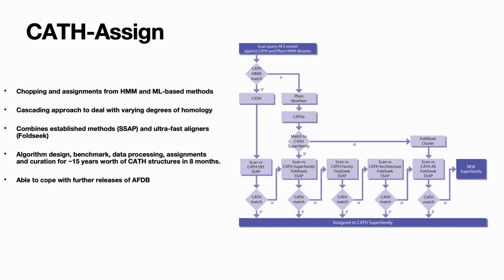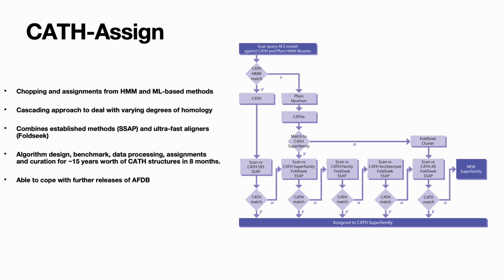We combine established methods such as SAP, which is our internal structural aligner, and new ultrafast aligners such as Foldseek. This has been quite the ride, because we were able to go from algorithm design, benchmarking, data processing, assignments, and curation for around 15 years' worth of CATH structures in around 8 months, and it also puts us in a very good place to cope with further releases of the AlphaFold database now that the infrastructure is in place.